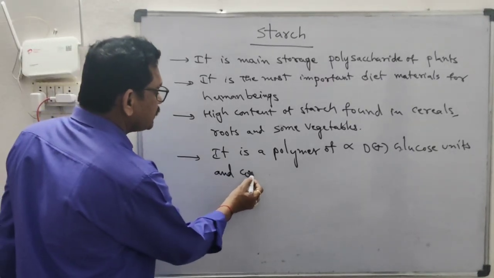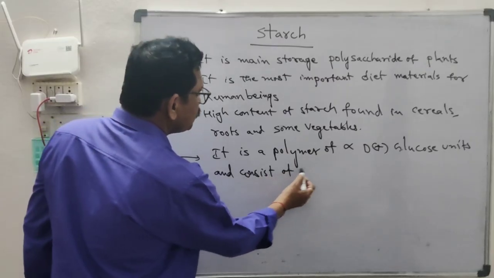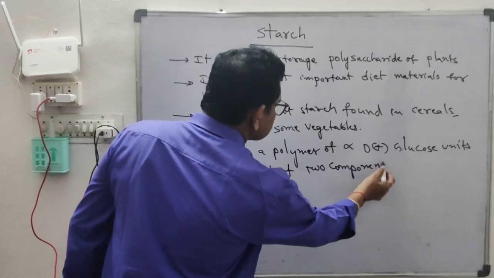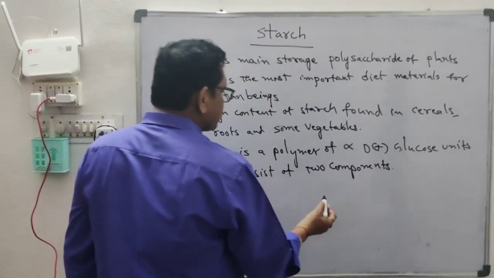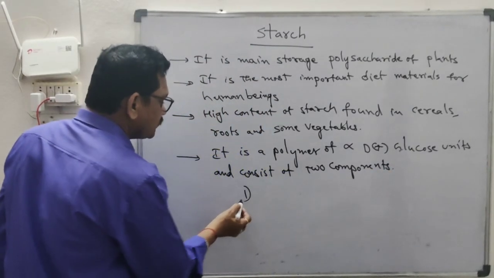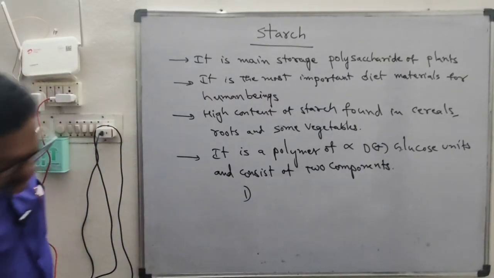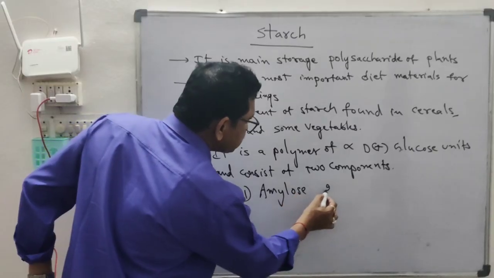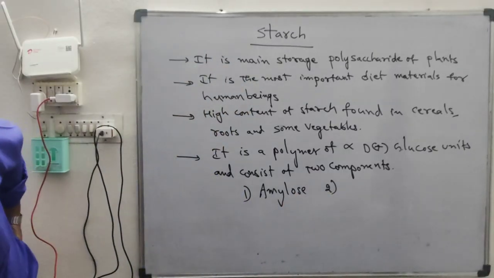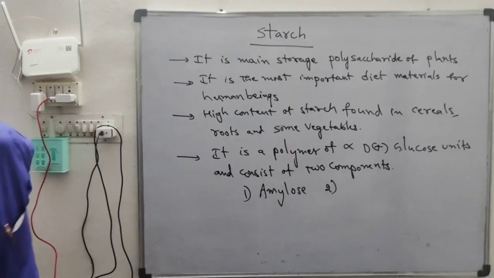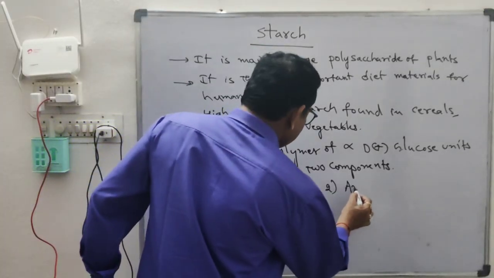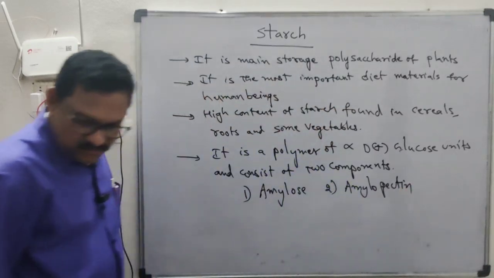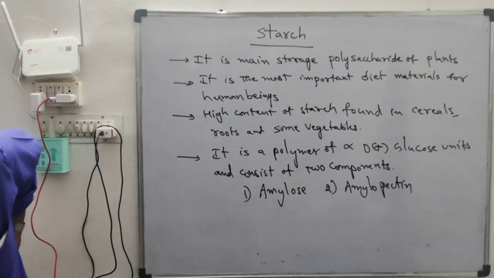One is amylose, then the second one is amylopectin. So these are the two parts of starch.